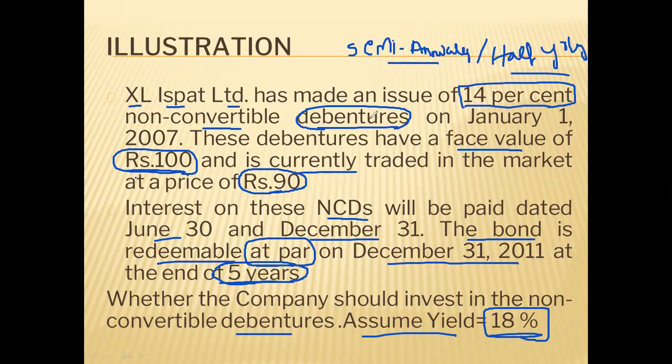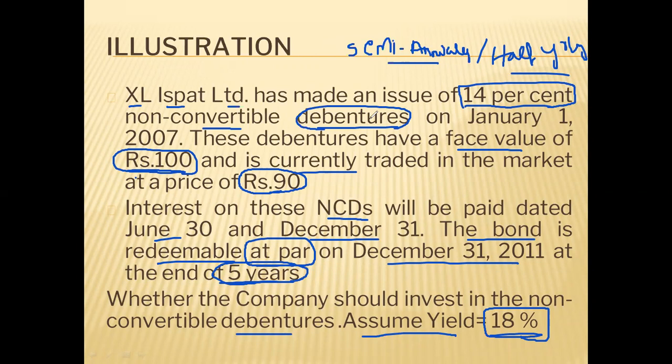We know how to calculate the value of the debenture by taking the present value factors. We will calculate the value of the debentures, and after that we will make our conclusion whether we should invest or not. That will be the last step. The first step will be calculating the actual value, or intrinsic value, of the debentures.